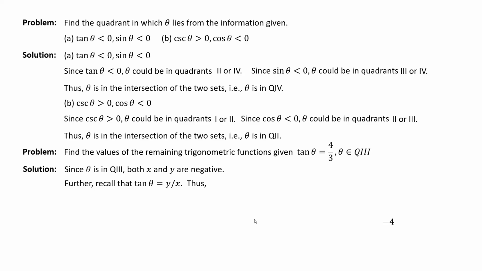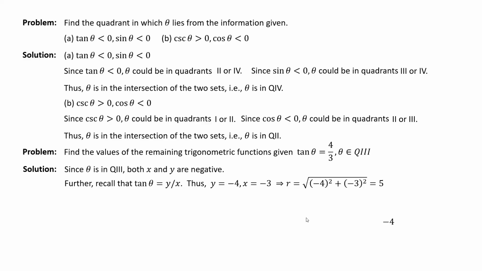No. That is because theta is in the third quadrant, so x and y both must be negative. 4 is not negative, 3 is not negative, so you cannot say y equals positive 4, x equals positive 3. However, we could say y is negative 4, x is negative 3. That's okay, and in fact, that's what we must say.